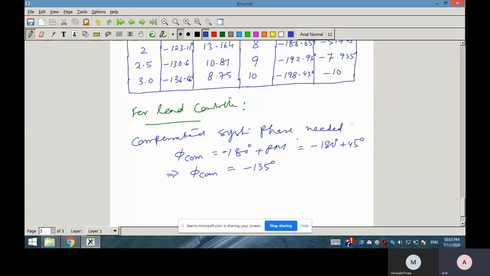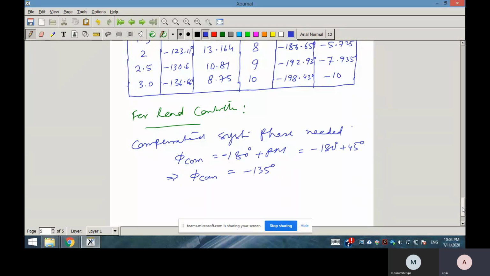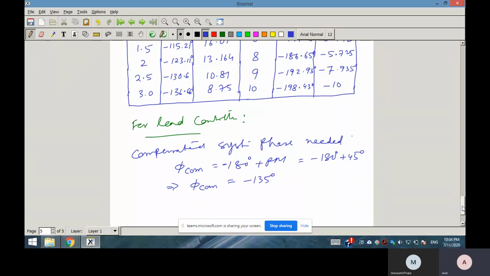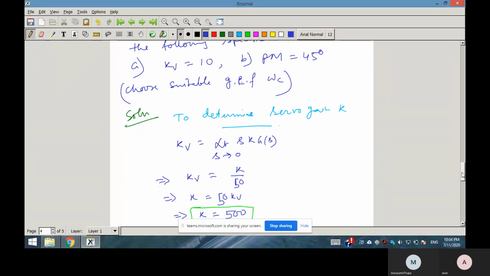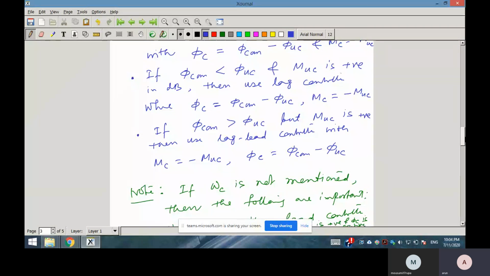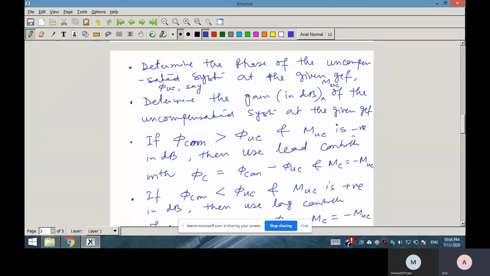Now for the lead controller design, you have to have phi com more than phi uncompensated, and M UC is negative.